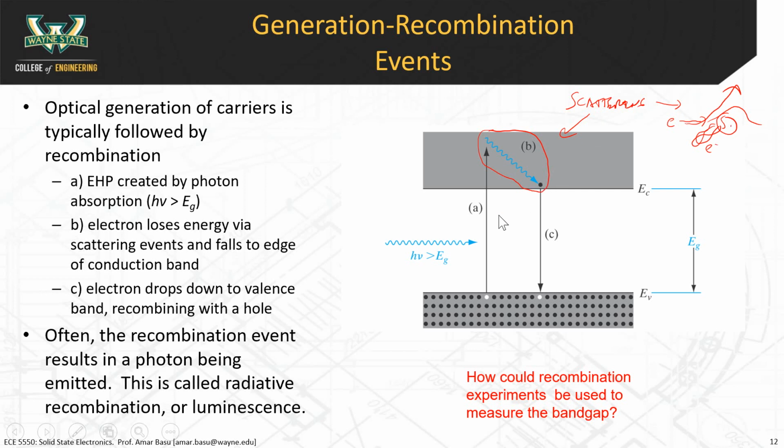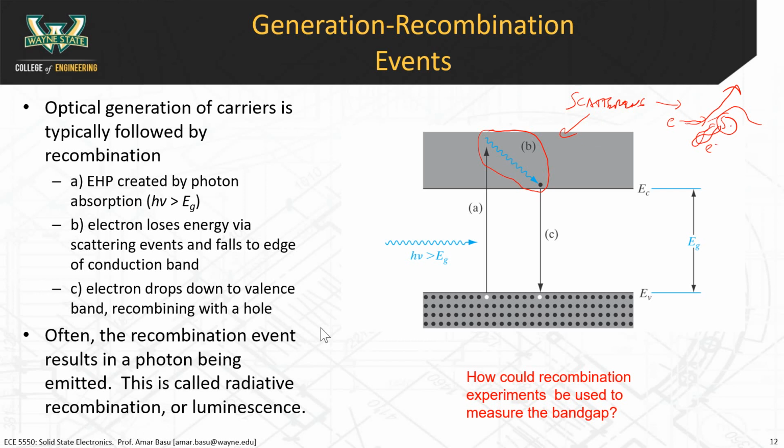Now the electron doesn't see any lower states nearby, so the next lowest energy state it can go to is all the way down here. So the electron has to lose a lot of energy at once during this recombination event. As we mentioned before, this can result in a photon being emitted, which can result in luminescence.